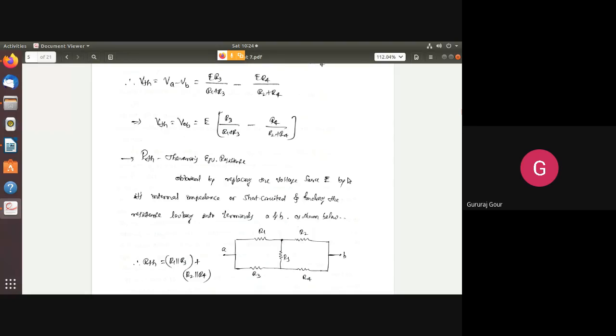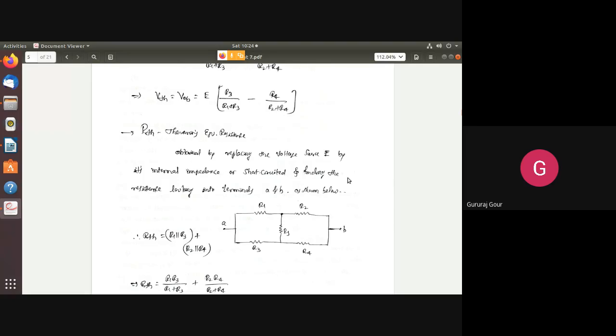Similarly, we can get Thevenin's equivalent resistance by short circuiting it. Here the galvanometer should be replaced by its very small internal resistance, that is called the short circuited resistance. It is very small, inherent to the galvanometer.